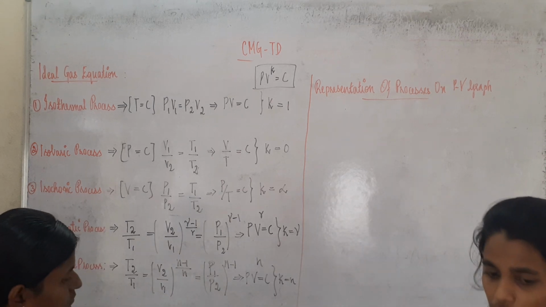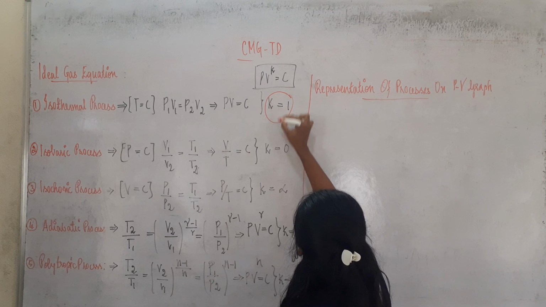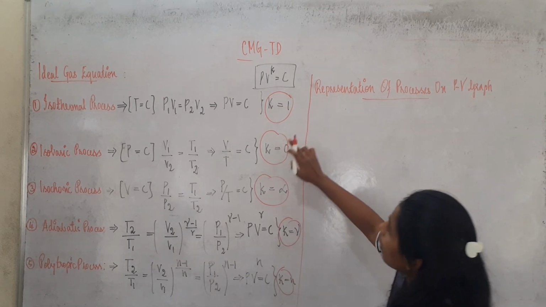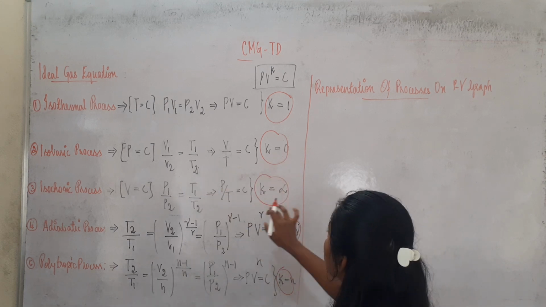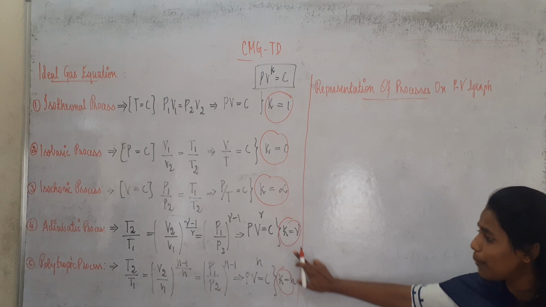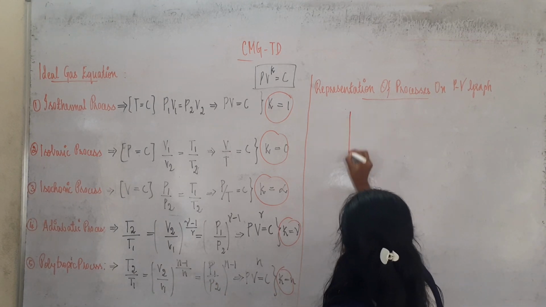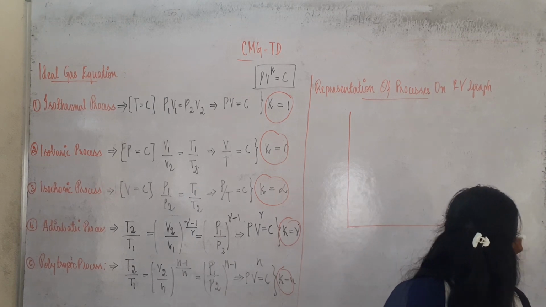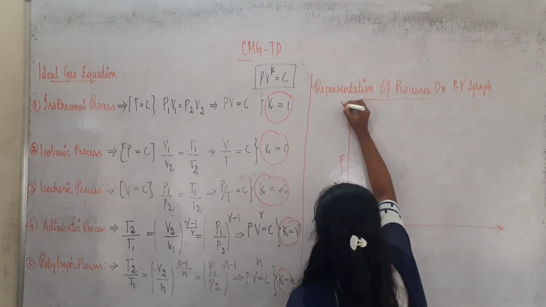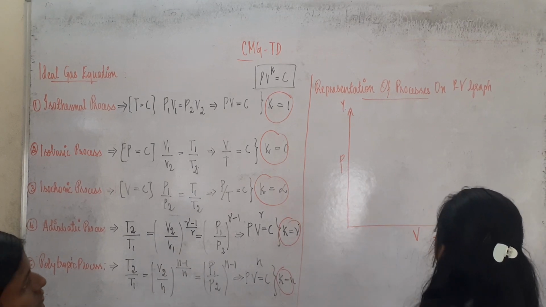And now about the representation of process on PV graph. The value of K here, we have calculated everything. K is 1 for isothermal, K is 0 for isobaric, K is infinity for isochoric, K is gamma for adiabatic, and for polytropic K is n. So from that we will be drawing a PV graph. Pressure is on the y axis and volume is on the x axis.